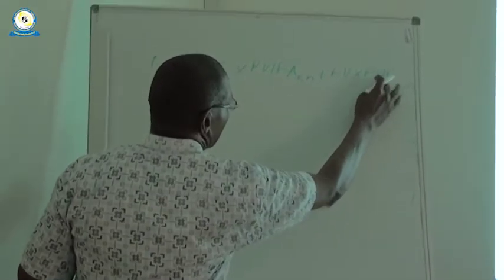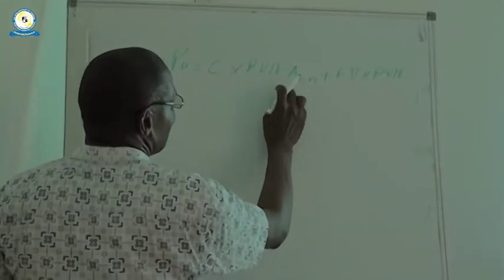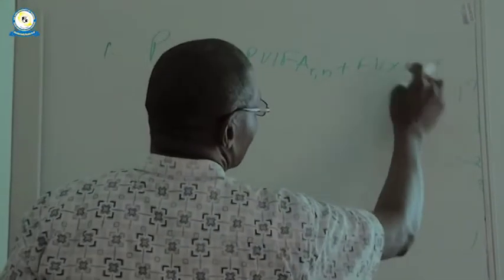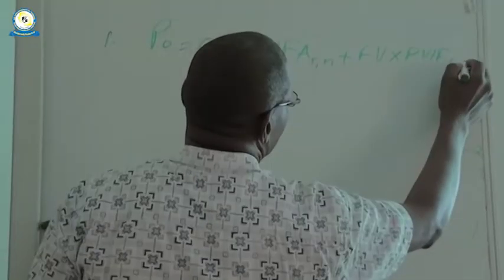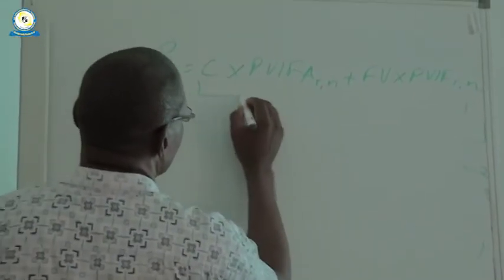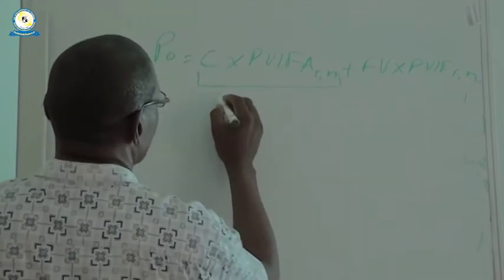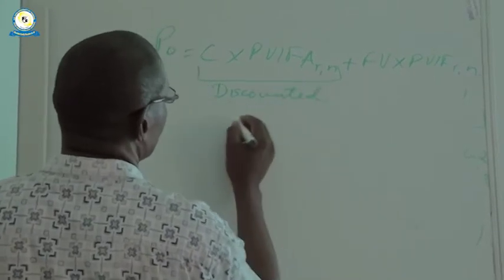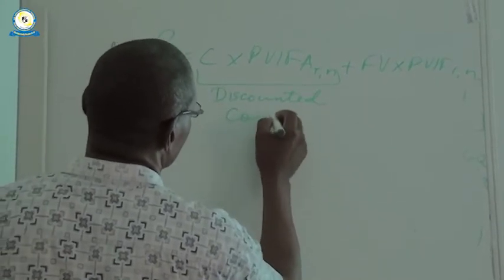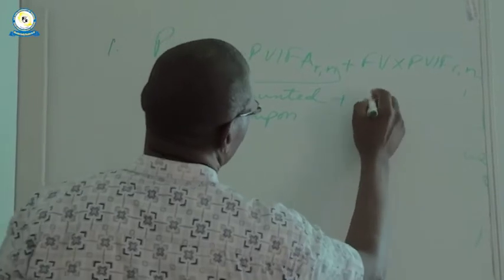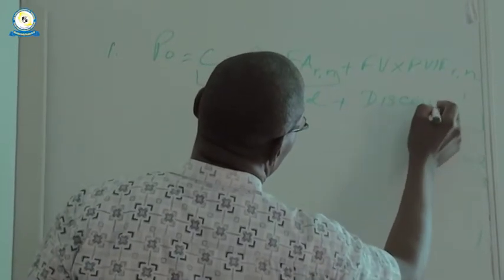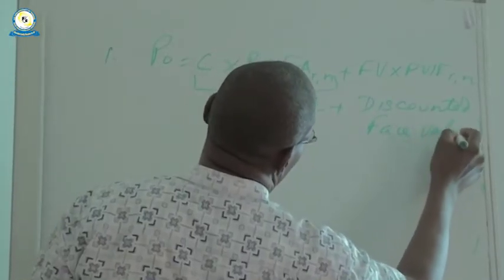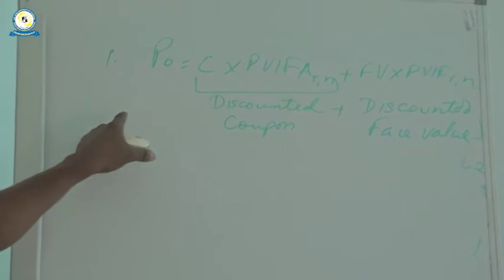Here, the first is an annuity, but the second is not an annuity. So this is the discounted coupon plus the discounted face value. So this is one way of getting the price of the bond.